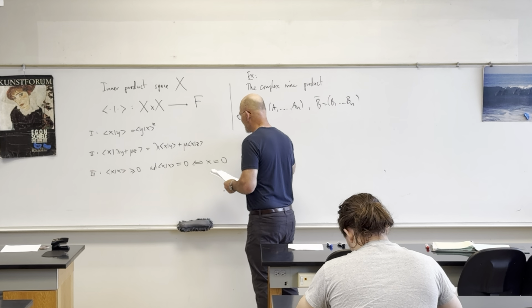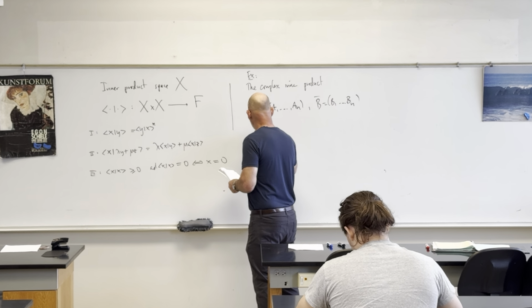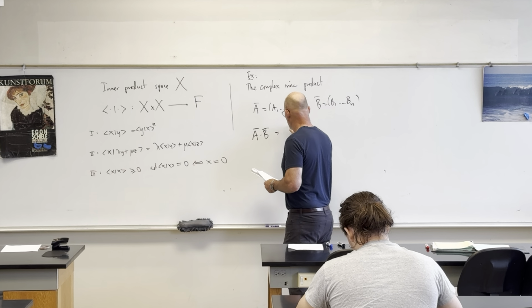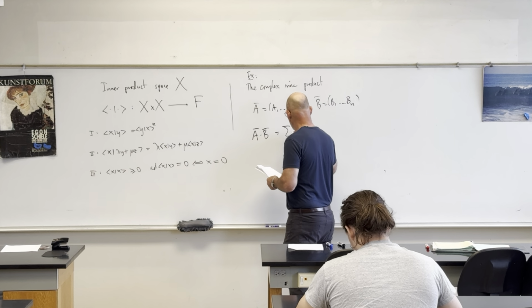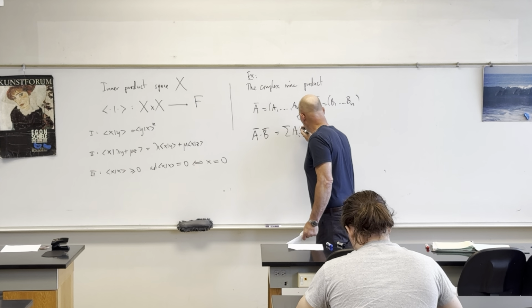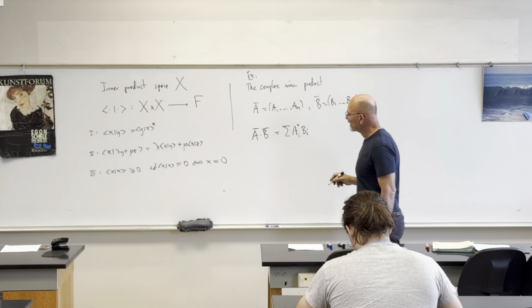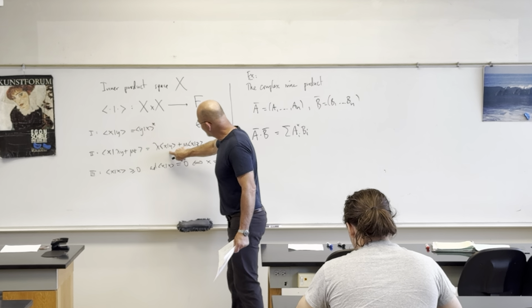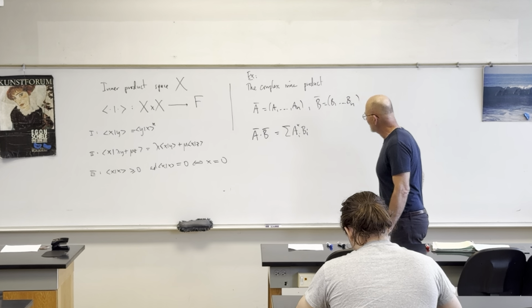We're going to define a dot b as the sum over, I see I had it backwards on the other one, a sub i star, b sub i. Because we're going to have to have that in order to fulfill this form of the axioms.